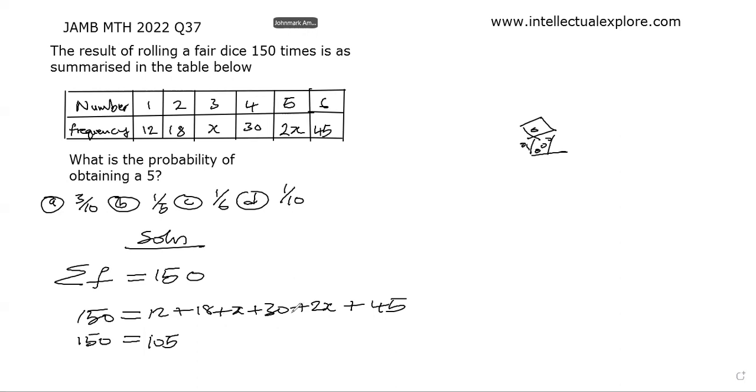Then we have X plus 2X. You have to add constants to constants, and variables to variables. You have to collect like terms together. X plus 2X will give us 3X.